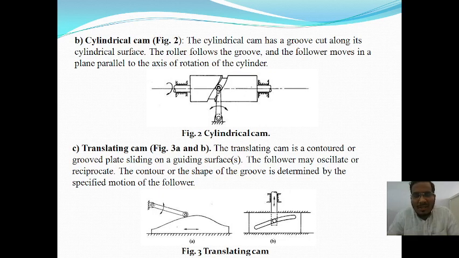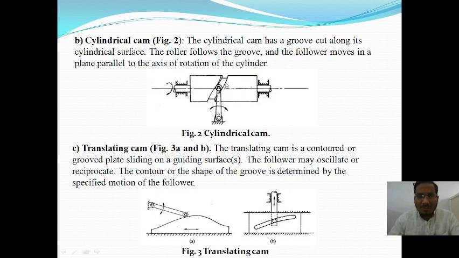In the cylindrical cam, we are using a shaft, and on the shaft, one cylinder will be there. In that cylinder, we have fixed the follower, and that follower will move from right to left. So this type of mechanism is called a cylindrical cam mechanism.